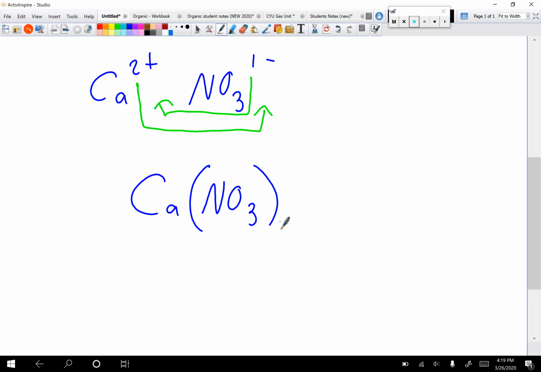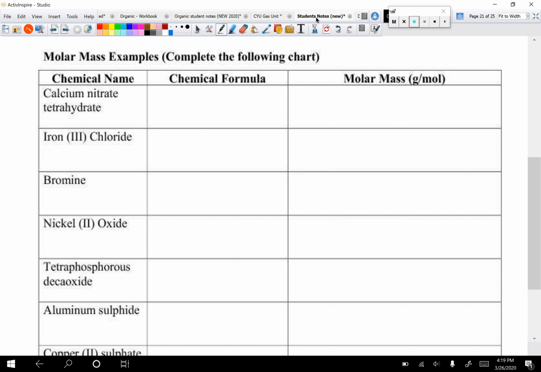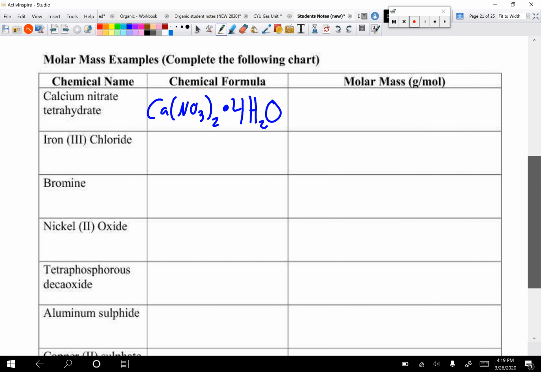Because it is a polyatomic ion, we need to make sure we enclose it in brackets. All right, so that's just the calcium nitrate portion right there. So you get Ca(NO3)2, and our tetrahydrate, remember we put those in there by having a little dot. Tetra is 4, hydrate means water. So that is the chemical formula for calcium nitrate tetrahydrate.